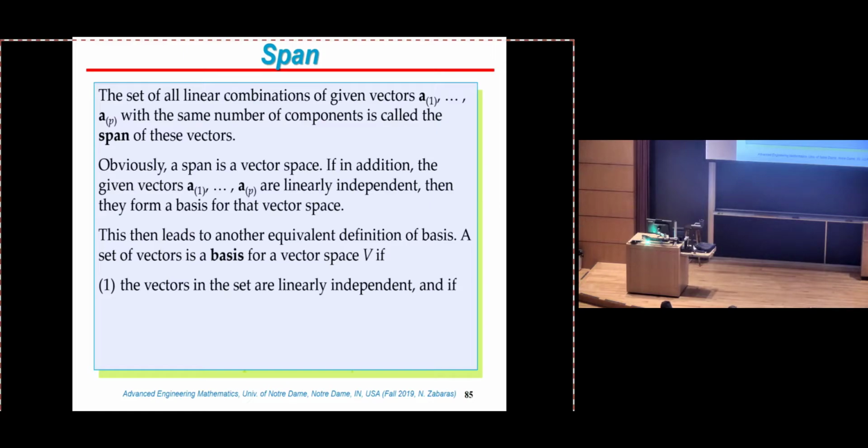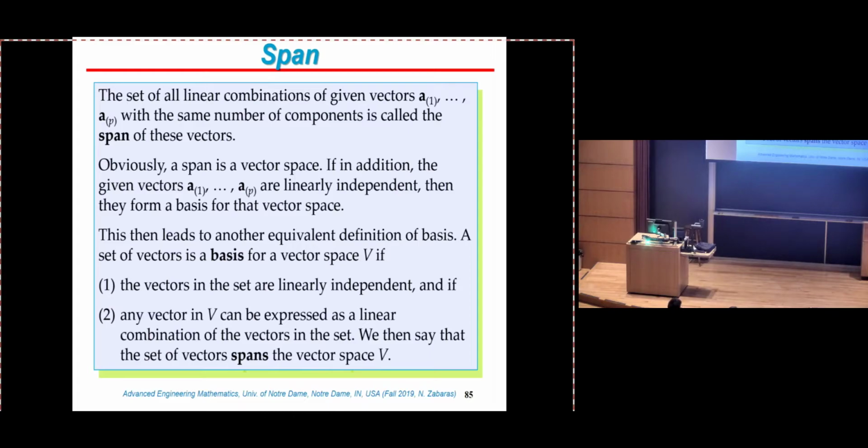So the idea here is, when you generate a space by combining vectors together, these vectors have to be linearly independent, and because we're referring to the vector space V being the span of A1 to AP, every vector in V has to be a linear combination of these vectors A1 to AP.